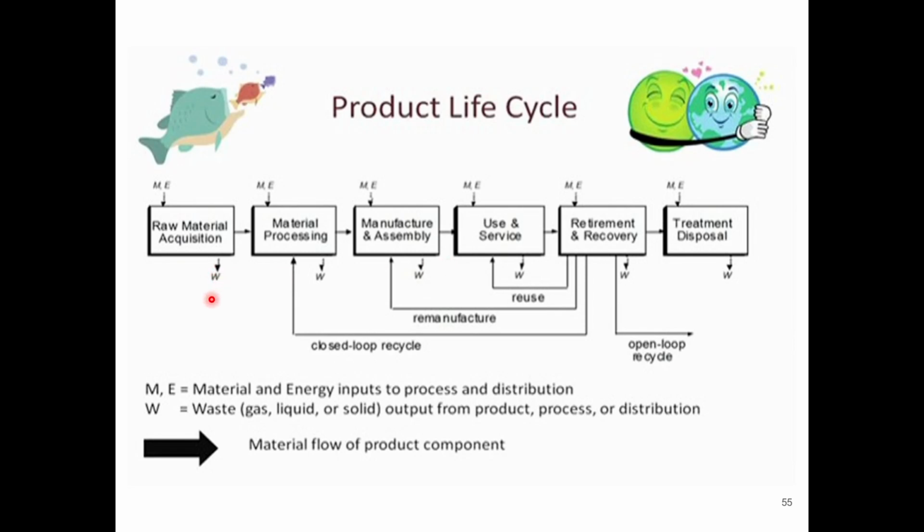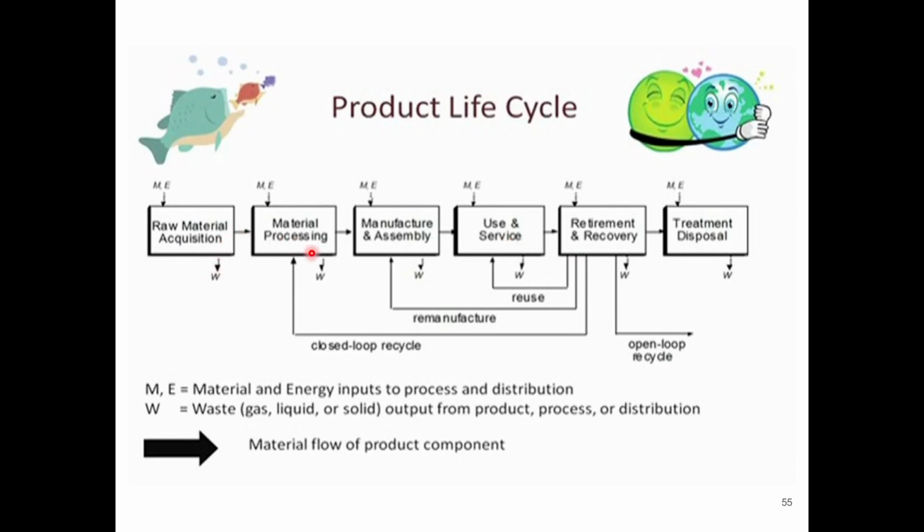One is raw material acquisition, then comes material processing, then manufacture and assembly, then use and service, then retirement and recovery, and lastly treatment disposal. These are some of the main blocks associated with the product life cycle of any product or output.